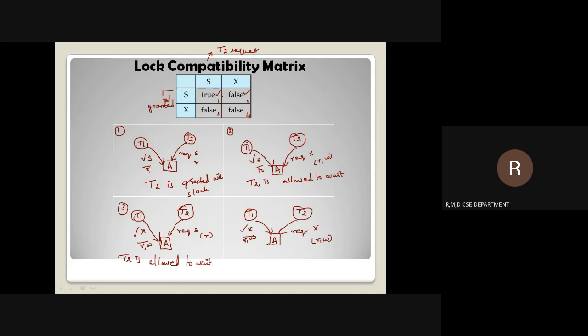Because already a transaction is performing a writing operation. So another transaction is not allowed to read the value, or it's not allowed to update the values of A. Okay, so it should go one after the other. So the concurrency control manager will decide not to grant the lock to T2 and T2 will be allowed to wait.